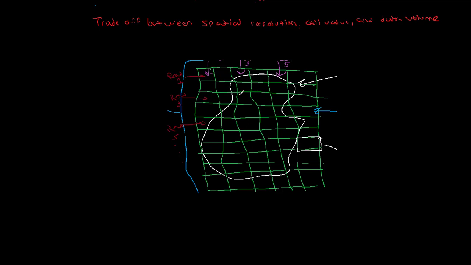So if we have a spatial resolution this big, let's focus in on one grid cell. We're saying that the cell value here, which we'll call X, represents this entire area.